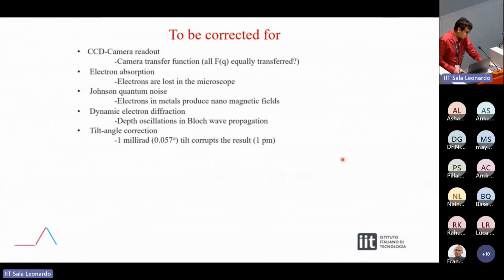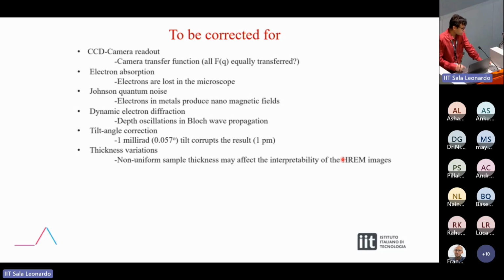Then we have tilt angle correction. If your sample is tilted by even just 1 milliradian, it's going to introduce an error of about 1 picometer. And there are always misalignments. You cannot be very precise. If you have a non-uniform sample, then the phase contrast transfer function I showed you before means the contrast is going to be reversed with the thickness of the sample.